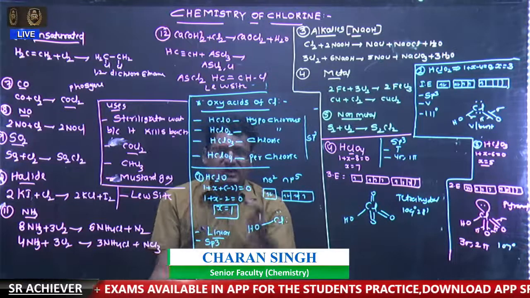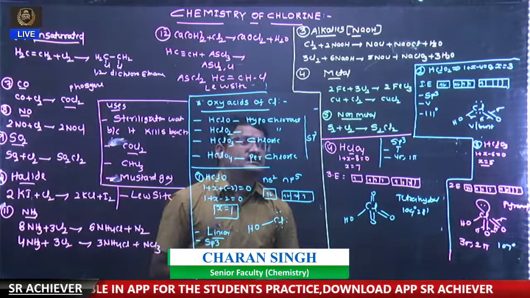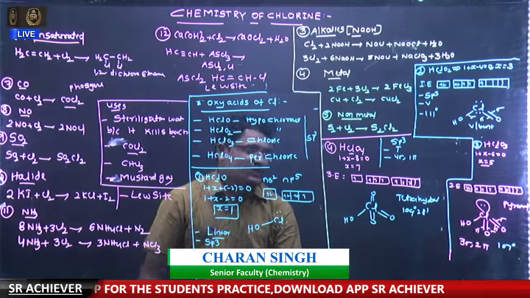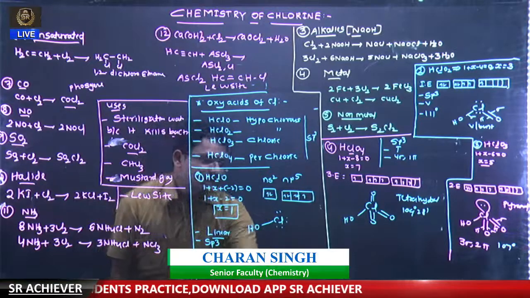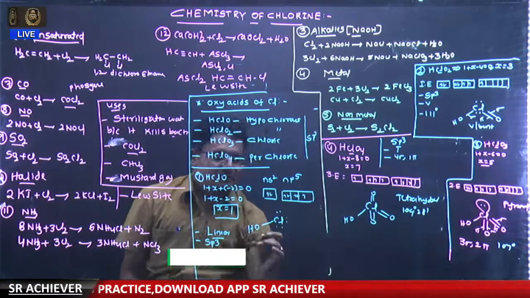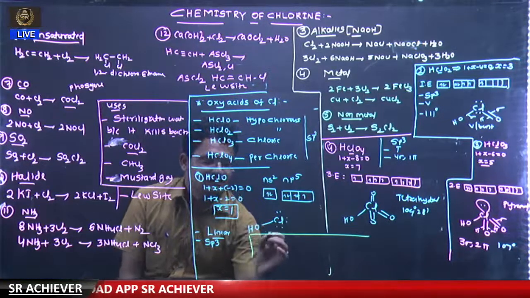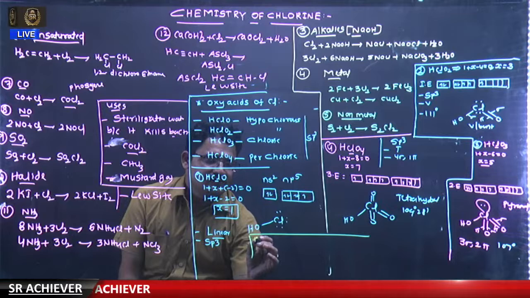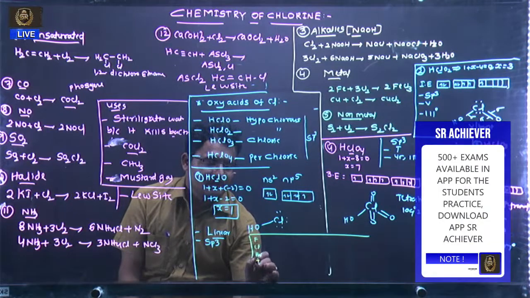So here, for example, take the group: fluorine, chlorine, bromine, iodine.